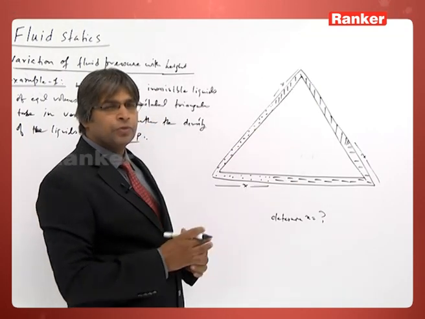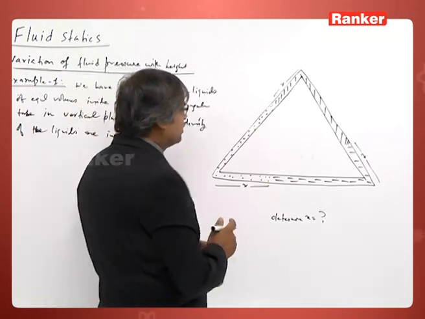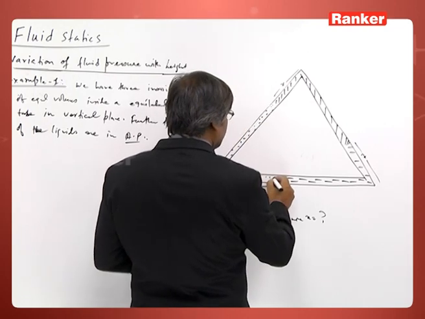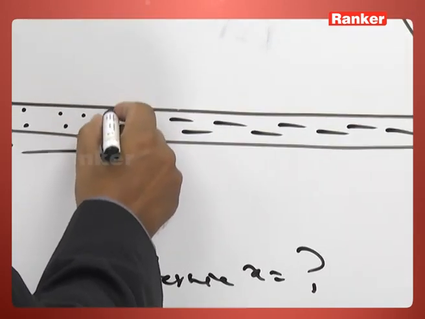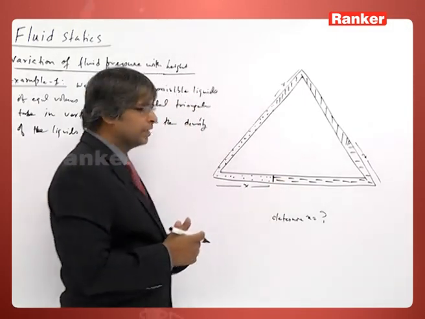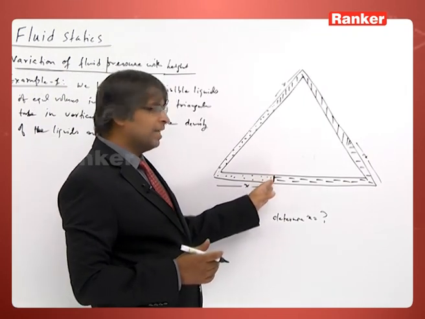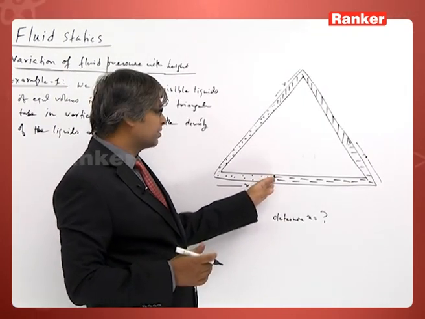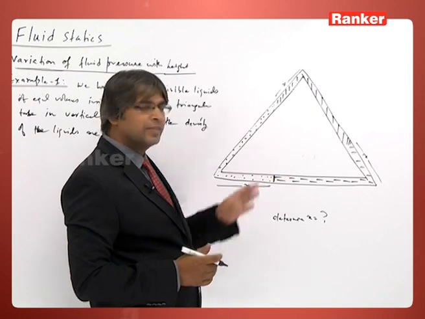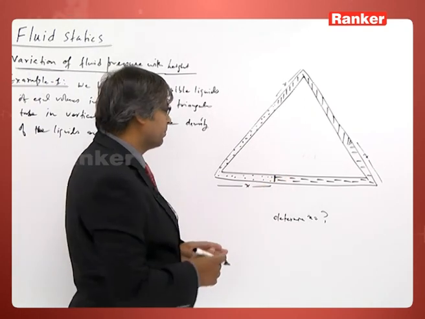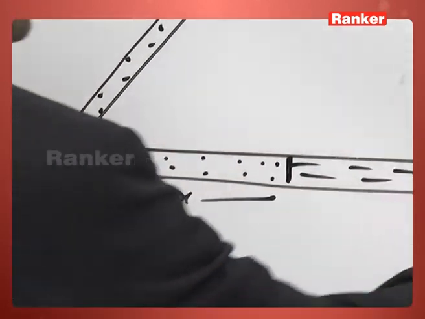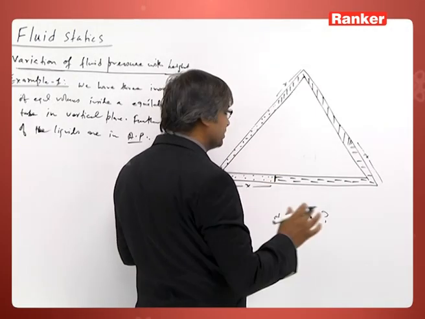Let the length of the tube be L. So, suppose I take this point. How to proceed? I take an area here, and according to Pascal's law, the pressure here and this side will be the same. That means the pressure here and here should be the same.